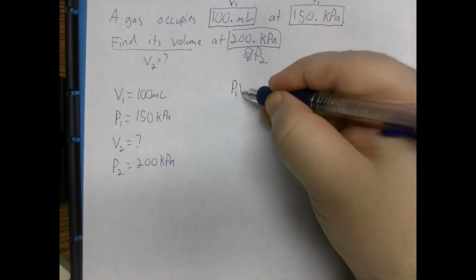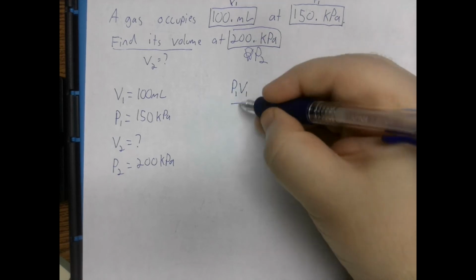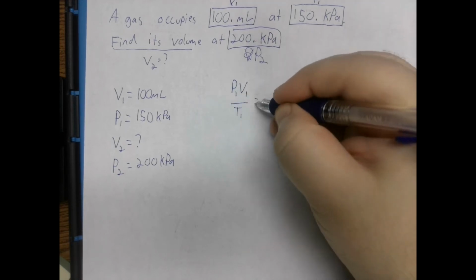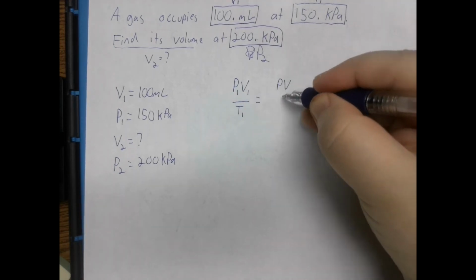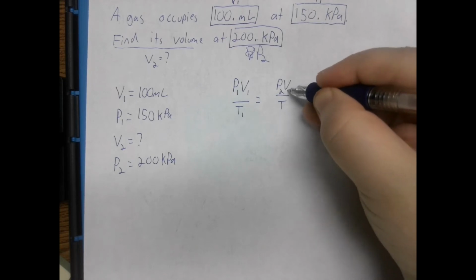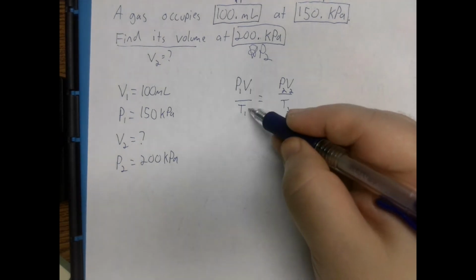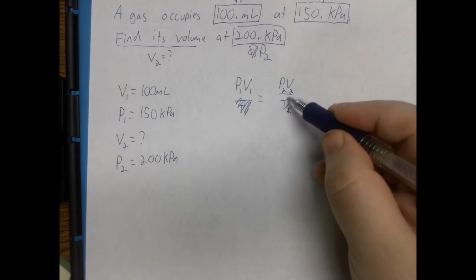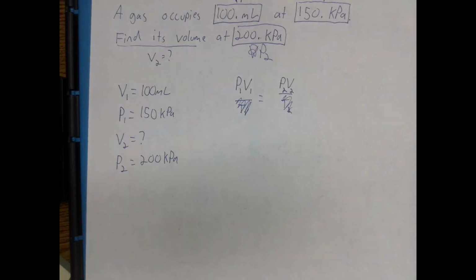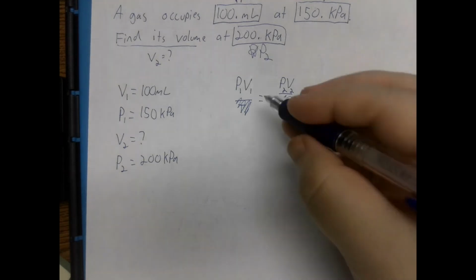So P1V1 over T1 is equal to P2V2 over T2, and just put 2's on everything, 1's on everything on the left. Since temperature is constant, we can remove that from the equation, and this becomes Boyle's law.